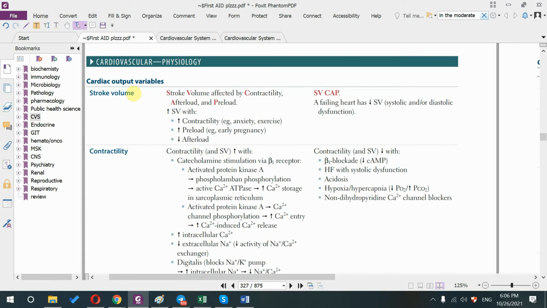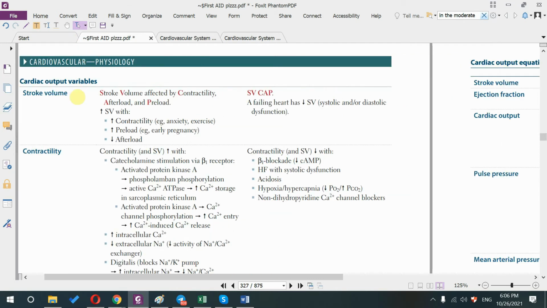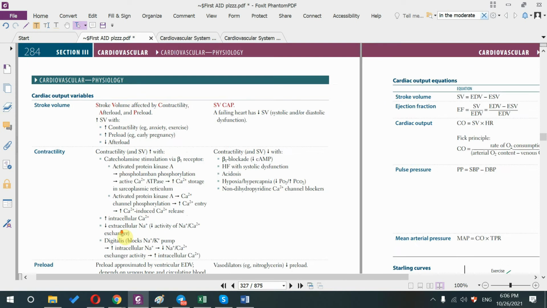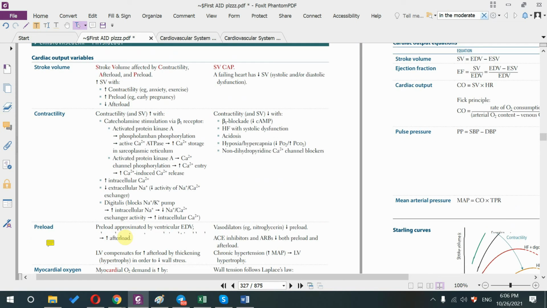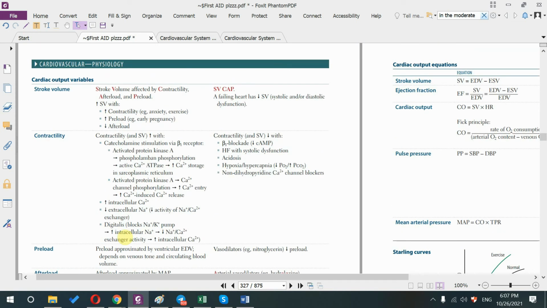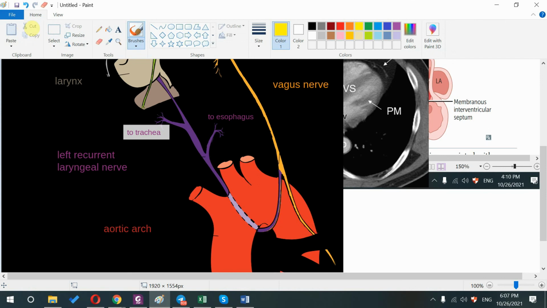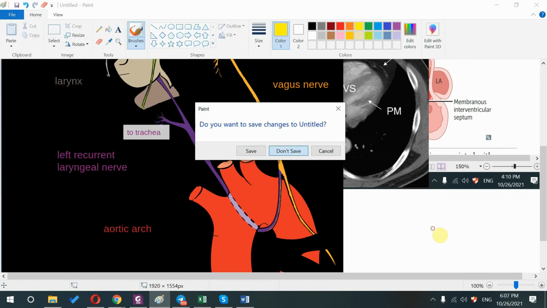So this pump does the following. First of all, we have something called the stroke volume, contractility, and a lot of other stuff. But to make it simple for you, it's just a pump. For it to release blood from the left ventricle, and I will keep telling you about the left ventricle a lot today.